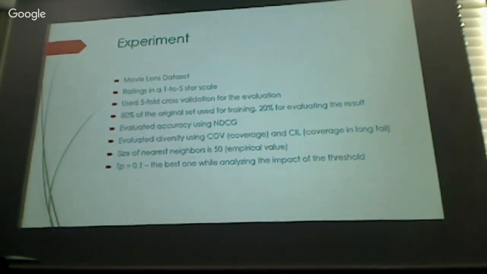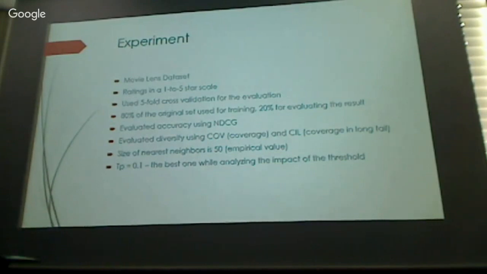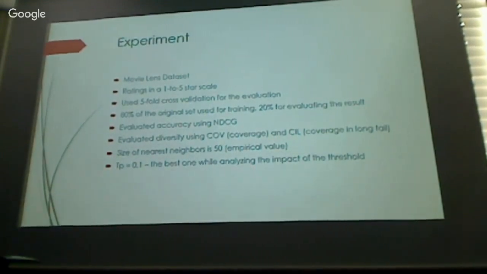Yeah. So what they do is they have this MovieLens data set with the ratings, and before they try to make recommendations, they have to make a user model, and to make a user model, they have to use a set to train the algorithm in order to make recommendations.